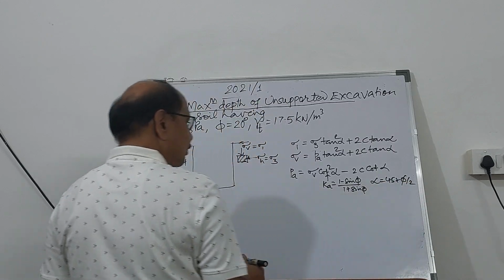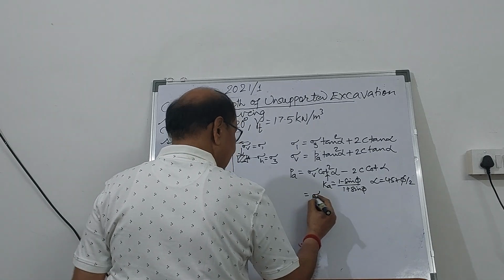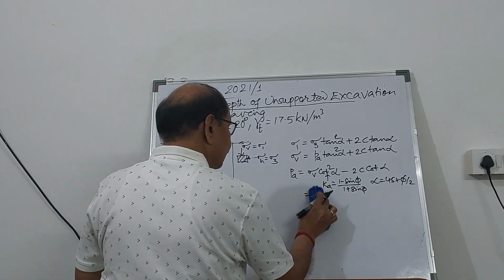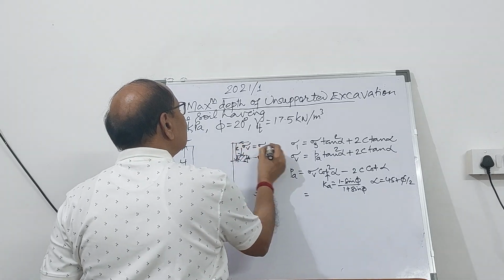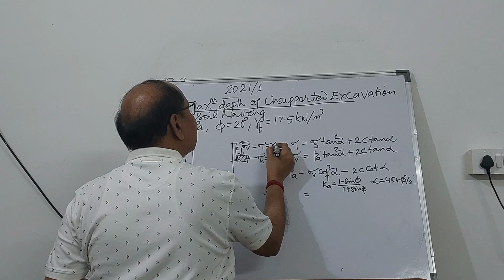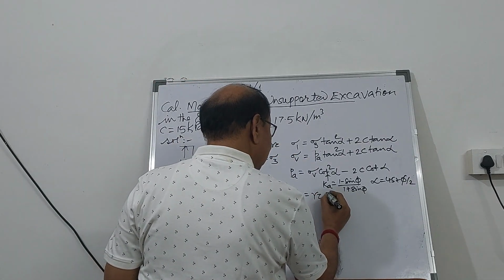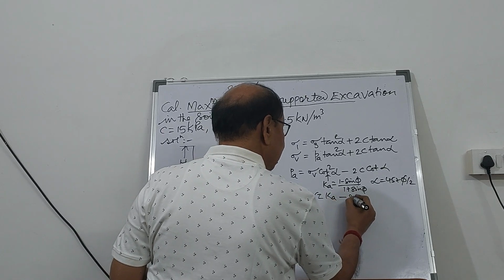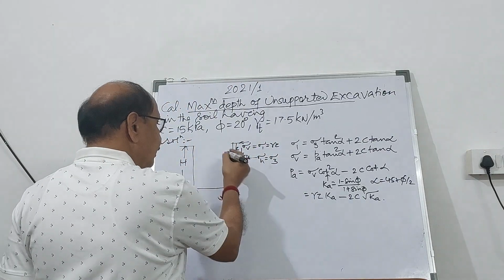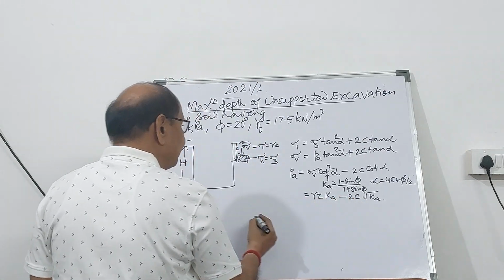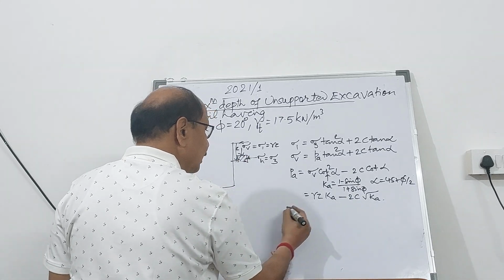All of you know this basic concept. So I can write it, this is going to be gamma z, the vertical pressure at any point z. So you can say PA equals gamma z K minus 2c under root K. When z equals 0, at the top, it is going to be negative pressure.